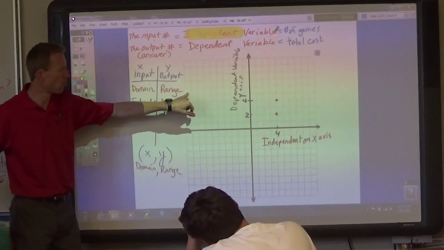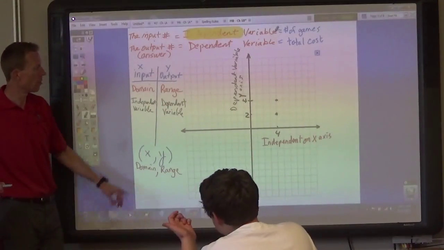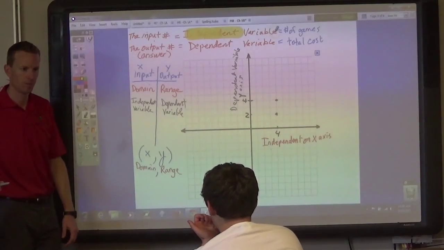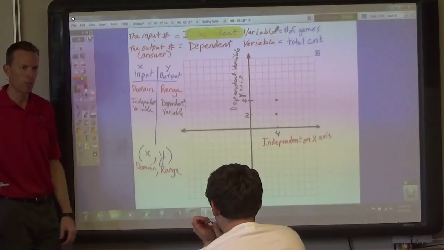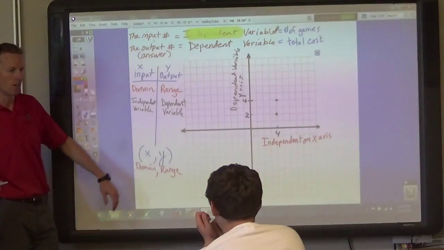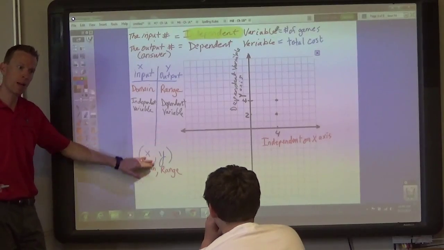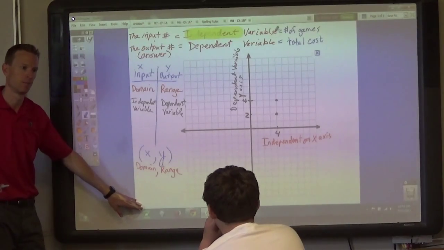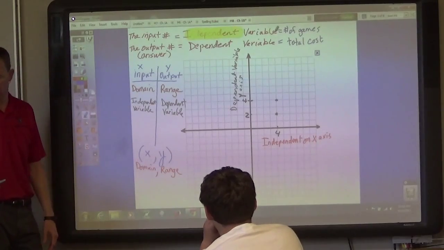And the range of the function, those are the possible y values, or the output. So when you put in an input, you get an output. And if you're listing all of the x values, that's called the domain of the function. If you're listing the y values, that's called the range of the function. Okay?